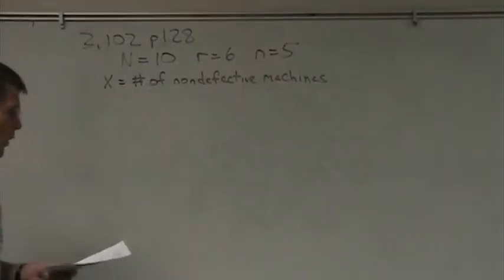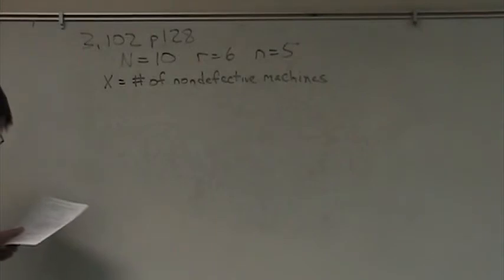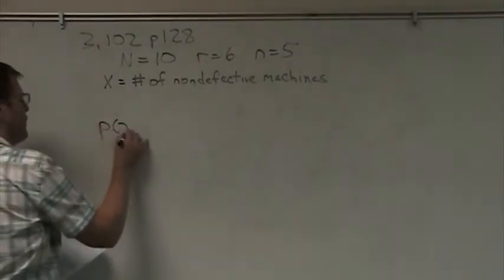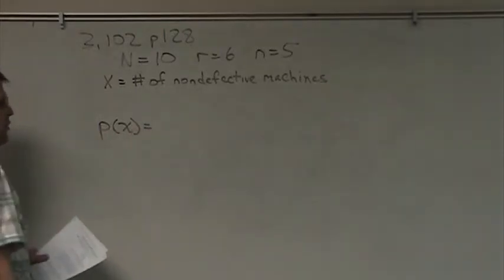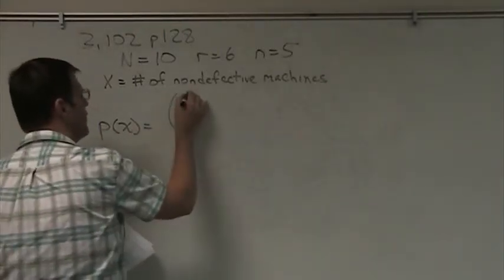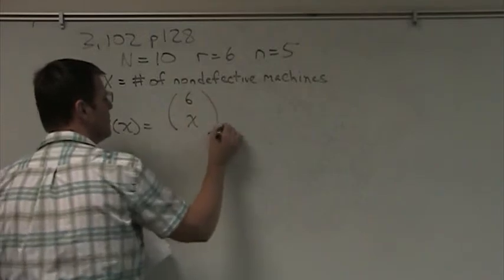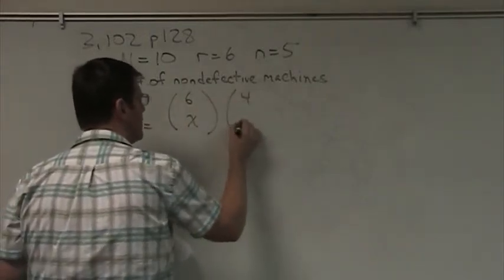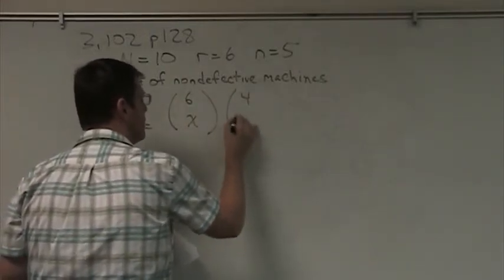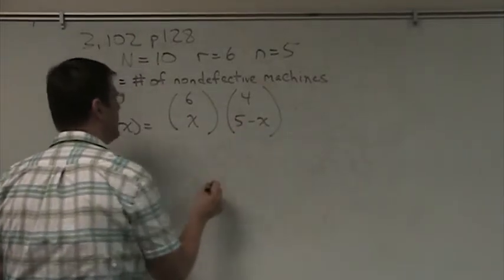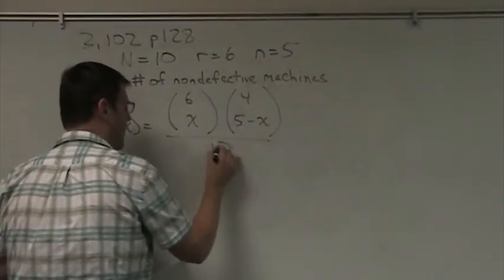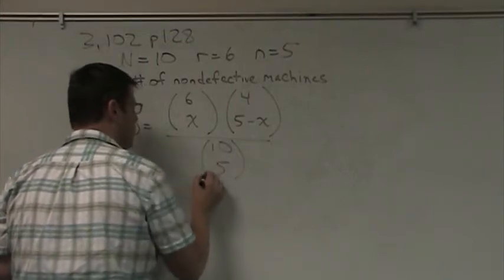So little n is going to be 5. And again, as far as the mass function is concerned, P of x is equal to 6 choose x times 4 choose 5 minus x, divided by 10 choose 5.